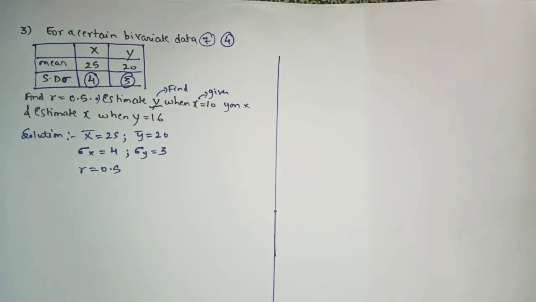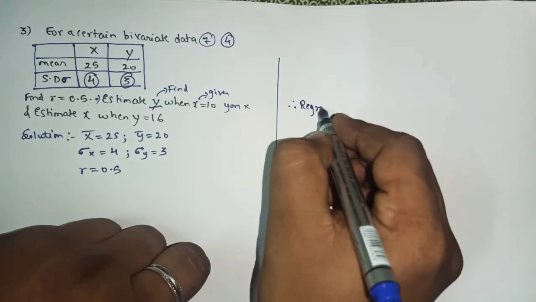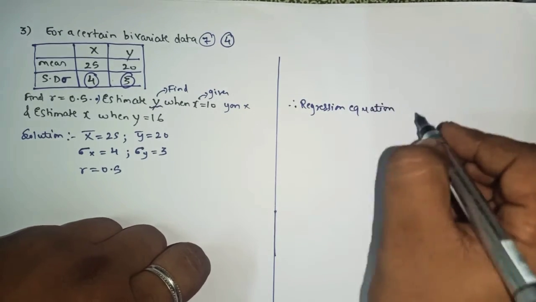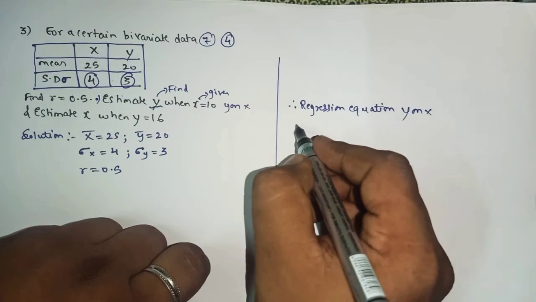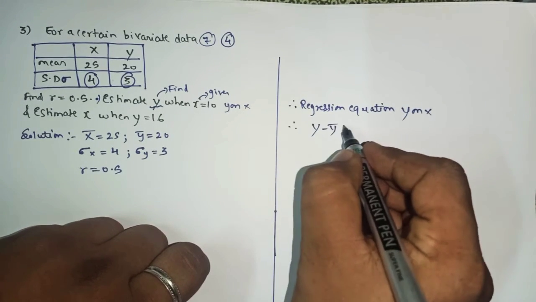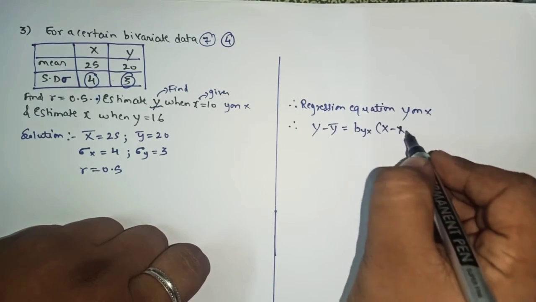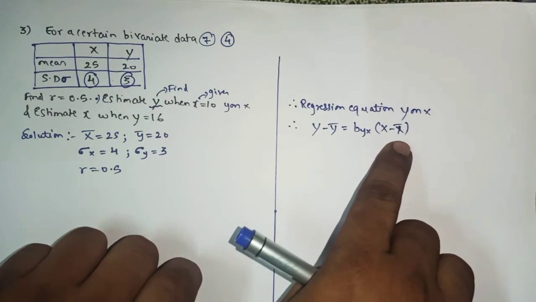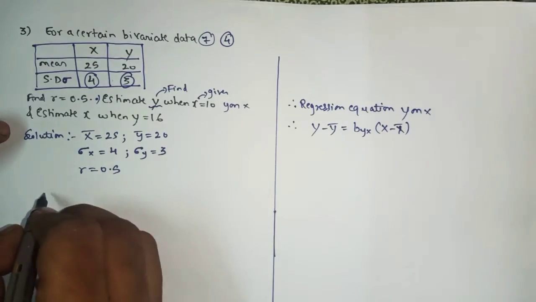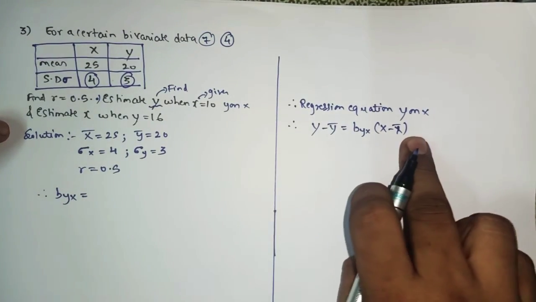So the regression equation y on x: the formula is the second one, y minus y mean equals byx times x minus x mean. Here we have x mean and y mean, but without knowing the value of byx, we cannot find our regression equation y on x.